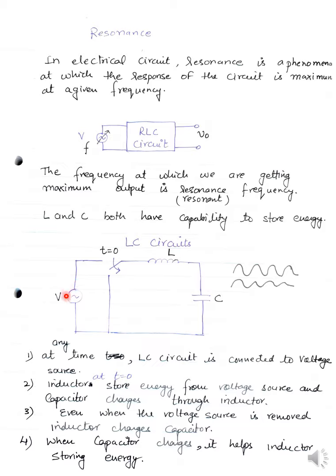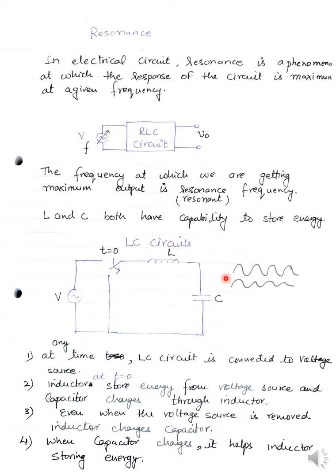Even when the voltage source is removed, the inductor charges the capacitor. Now at that time t equals 0, we are removing the voltage source and we are connecting this to this side using a switch. So we have a switch which is connected to the voltage source, and we have a switch which is removing it from the source.